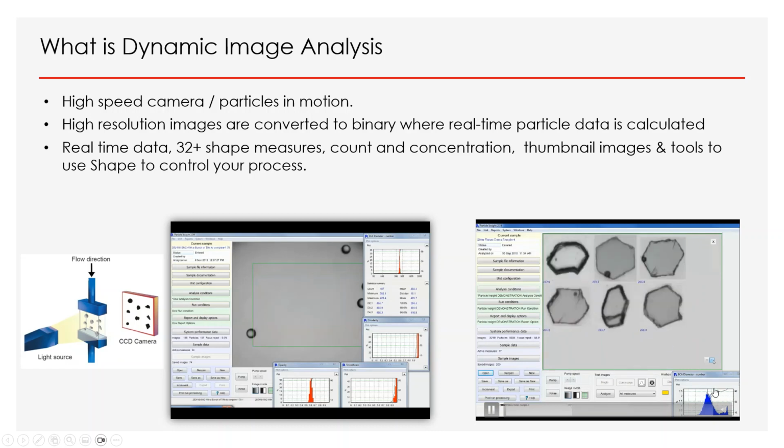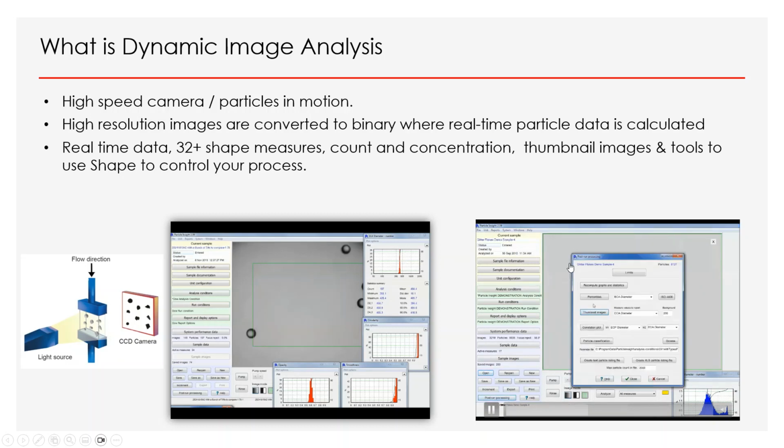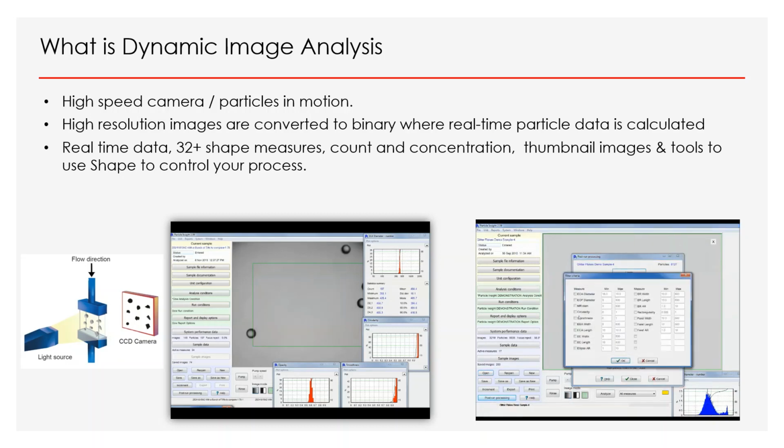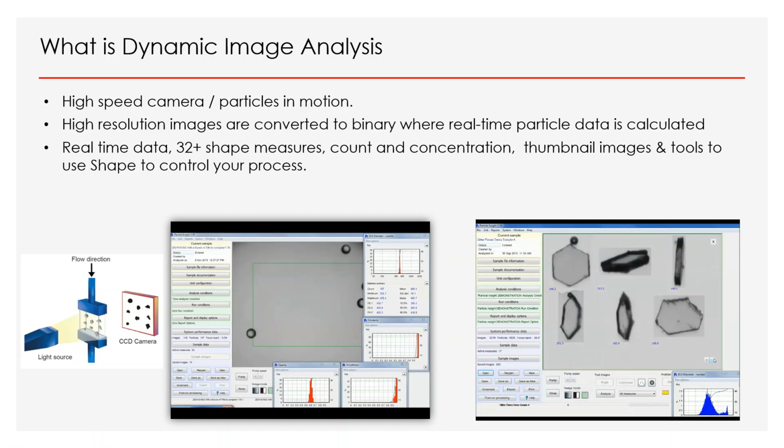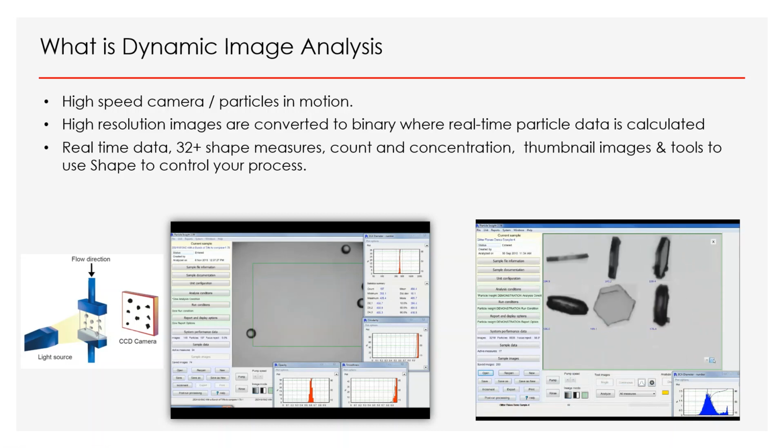It's all added to the statistical histograms, and dynamic imaging saves a thumbnail of every particle measured. You can look at portions of the distribution or all of the distribution. Those are some of the benefits that dynamic imaging has. We can go into a lot more detail about dynamic imaging, but let's go into a practical application.